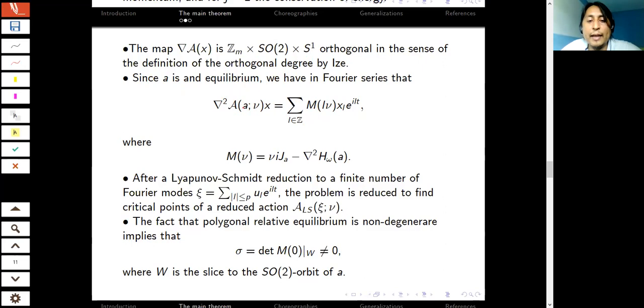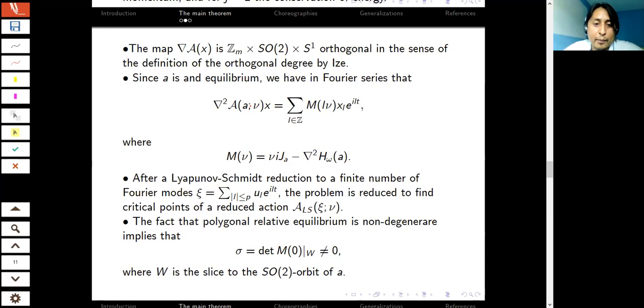If A is not an equilibrium and it depends on time, this is not true. Then I obtain a kind of convolution, and it's very complicated, right? But because it's an equilibrium, this operator is autonomous, and then I obtain that. Actually, it's very easy to compute what this matrix is. This matrix is just nu I J_A minus the Hessian of H of omega at A. Why?